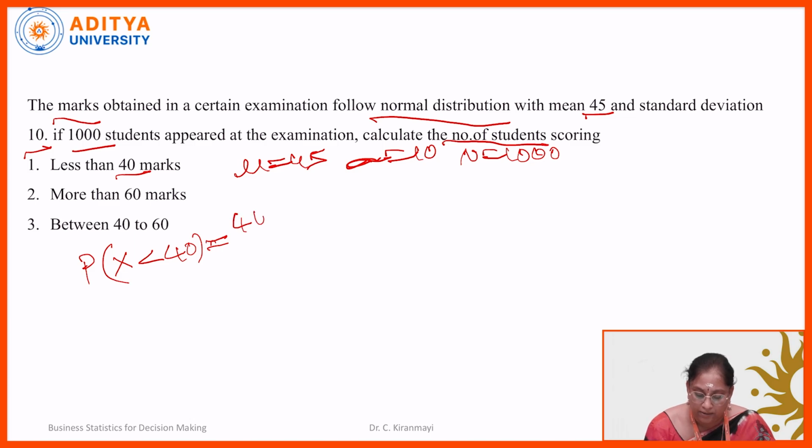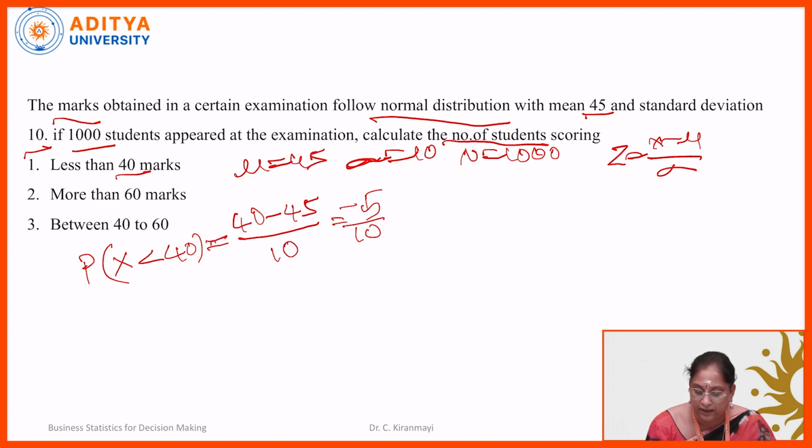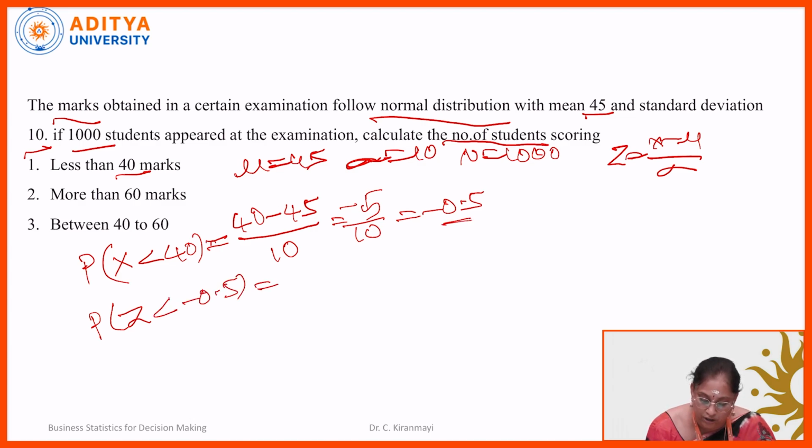So, 40 minus the mean, which is given as 45, divided by the standard deviation of 10, is minus 5 by 10, that is minus 0.5. Therefore, the z score is z less than minus 0.5. Alternatively, it can also be written as z greater than 0.5.